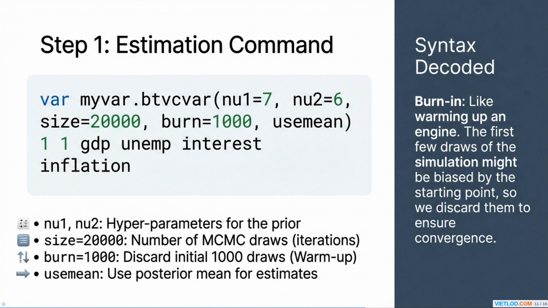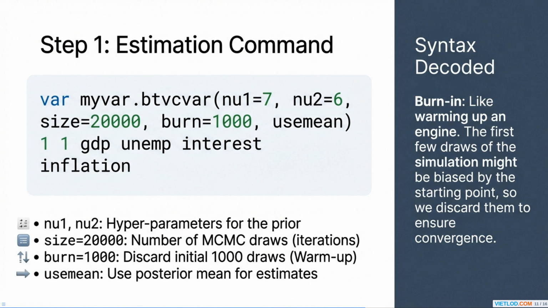This is the EViews command to estimate our BTVCVAR model. Let's break it down. Nu1 and Nu2 are hyperparameters for the prior distribution, controlling its shape and tightness. Size equals 20,000 specifies the number of draws to generate from the posterior distribution using a technique called MCMC, Markov Chain Monte Carlo.